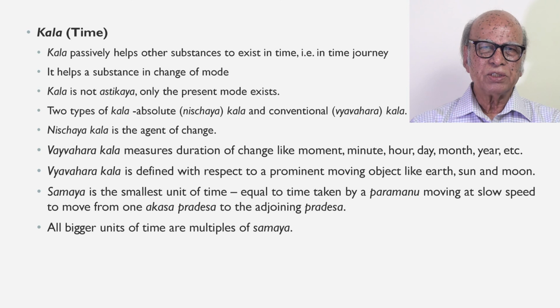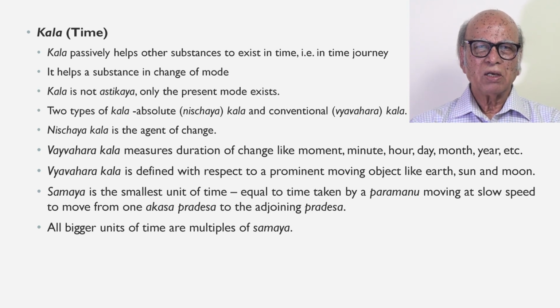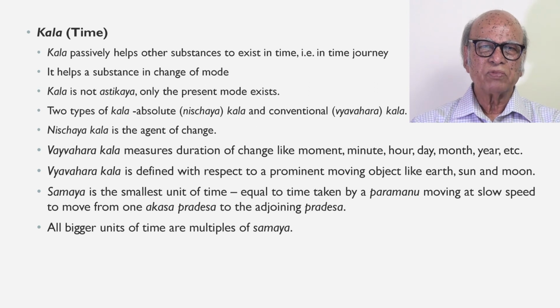Change is taking place in time, and how much is the duration, that duration is measured with the help of Vyavahar Kal. It measures units like seconds, minutes, hours, days, months, years, and so on.